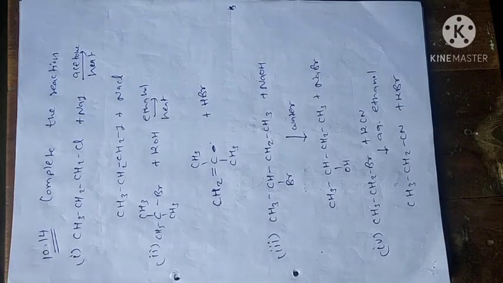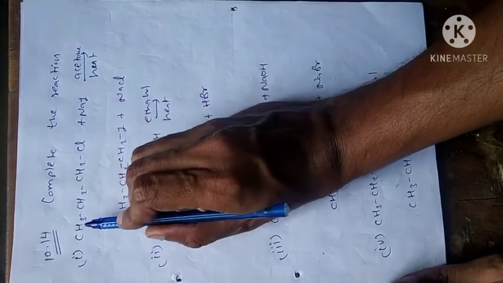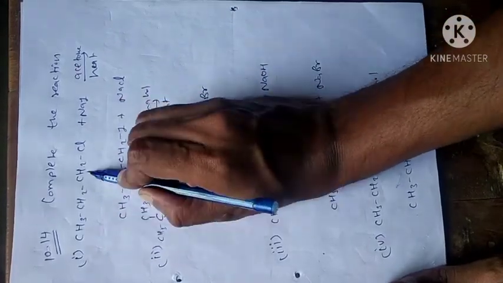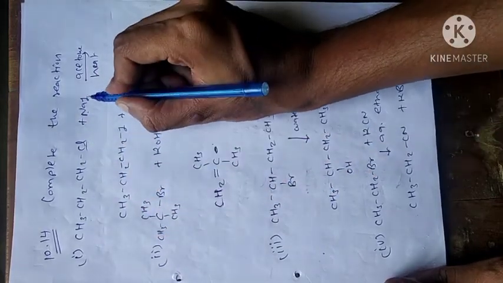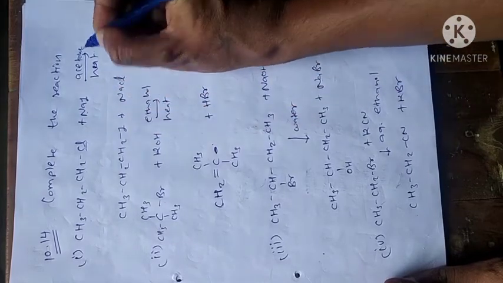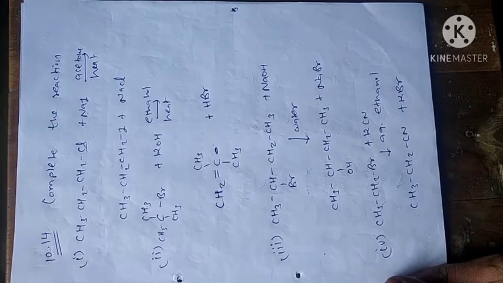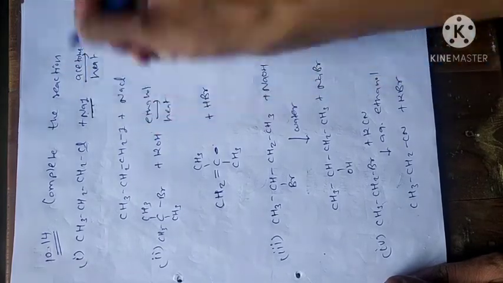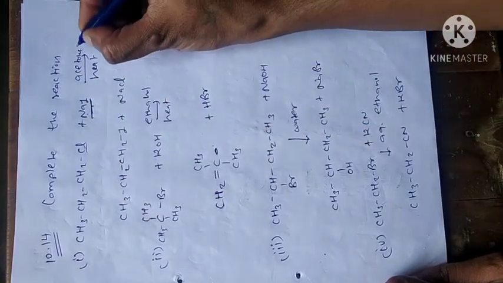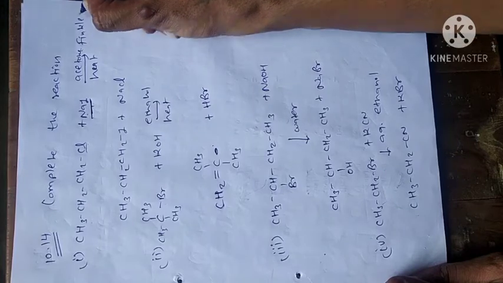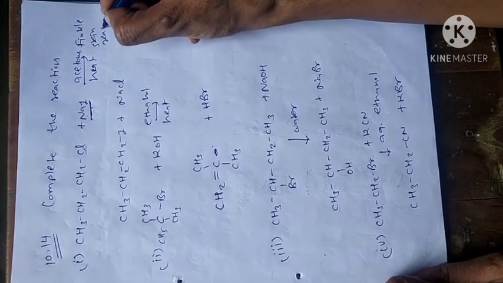Now, the next question number 10.14. Complete the reaction. So, you have to just write down products here. First starting material is given to you. You can see 3 carbons are there, so it is propane, and a chlorine is there, so it is chloropropane. When it reacts with NaI in presence of acetone, this reagent we use in Finkelstein reaction.